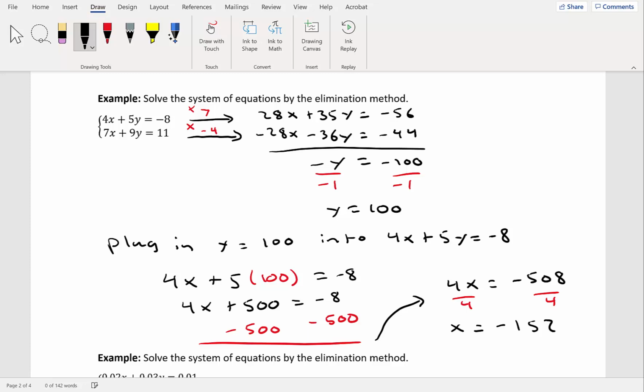Yeah, negative 552. Okay, let's go ahead and write it as an ordered pair. You get negative 152, comma, 100. I believe I made a mistake with this one. Okay, so you get negative 127.